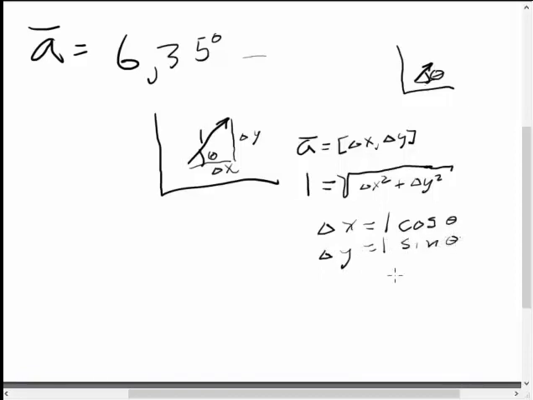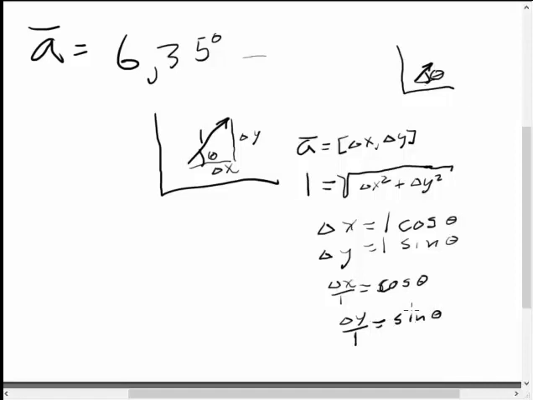We can rearrange terms: delta x over L is equal to cosine of theta, and delta y over L is equal to sine of theta.